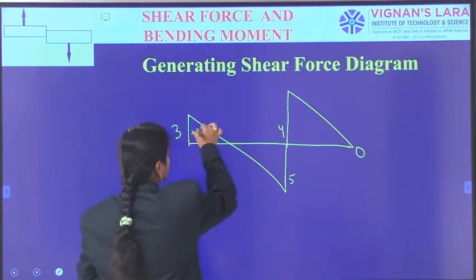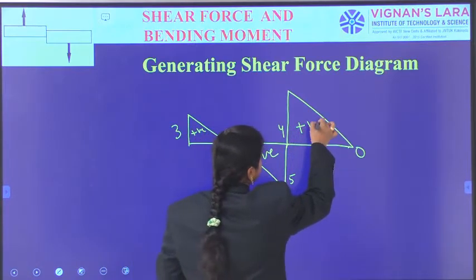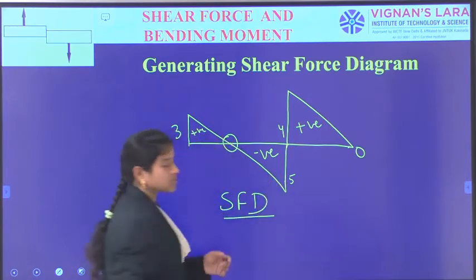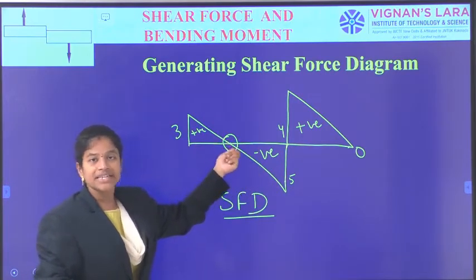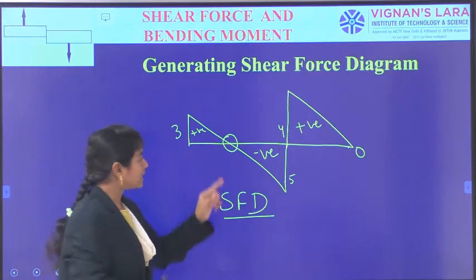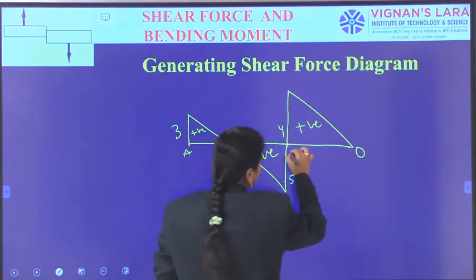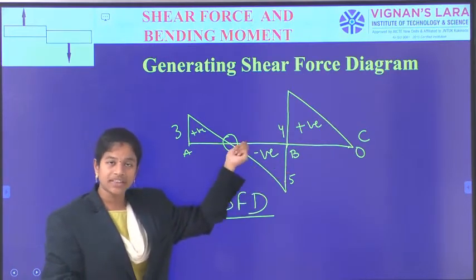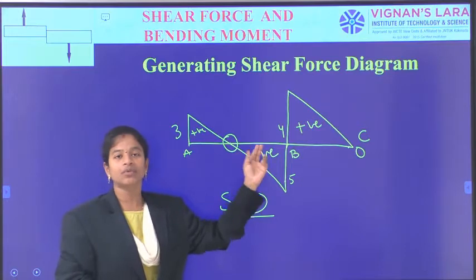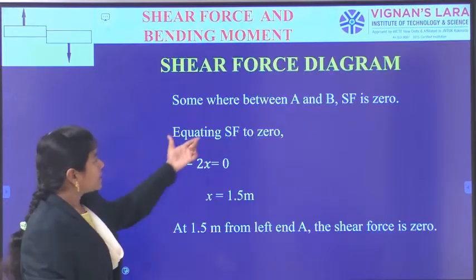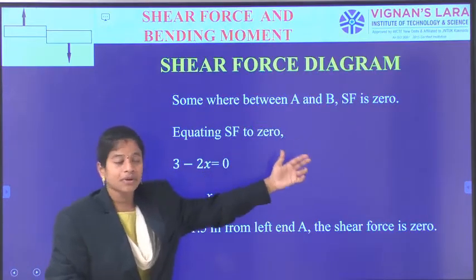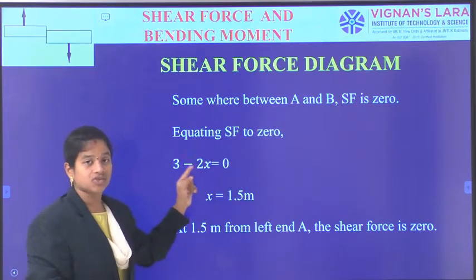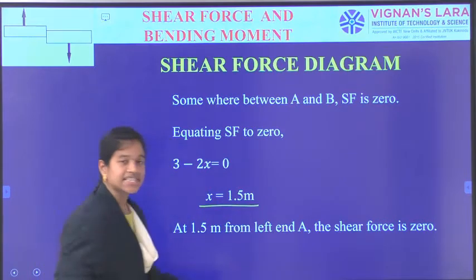I am writing positive above the baseline and negative below, and this picture is the whole shear force diagram, with the zero shear force point in between A and B. So the shear force equation between A and B we should make equal to 0, and from that we can calculate the x value. So 3 minus 2x is equal to 0. There we have x equal to 1.5 meter.